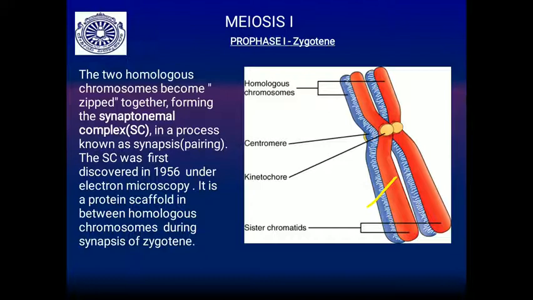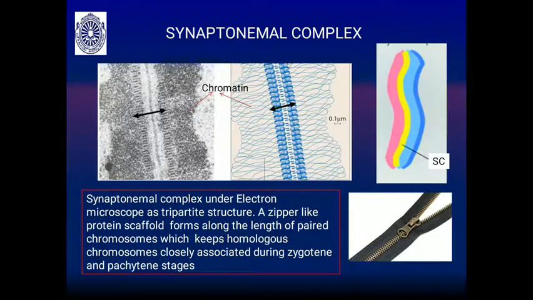It is a protein scaffold, a proteinaceous supporting structure in between homologous chromosomes, which appears during synapsis at the zygotene stage. Under the electron microscope, you may see here in this electron micrograph, it is a tripartite structure. This is what I have shown with the arrow, the synaptonemal complex, which is a tripartite structure.